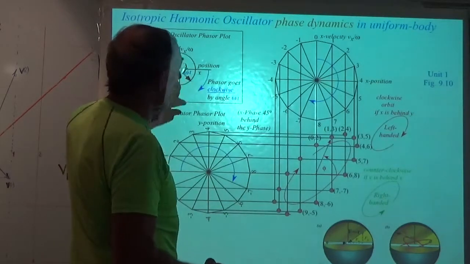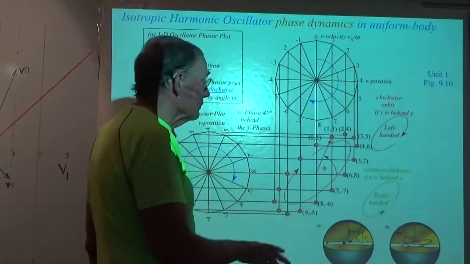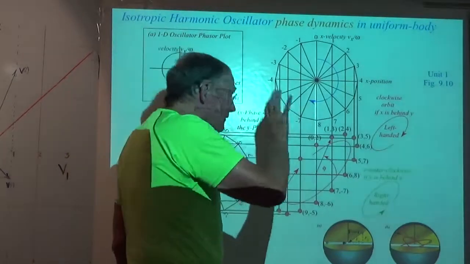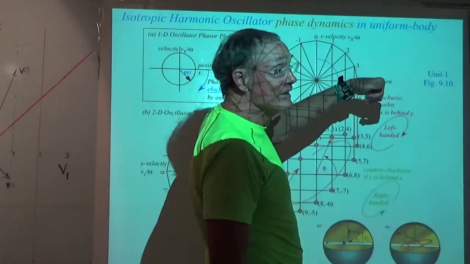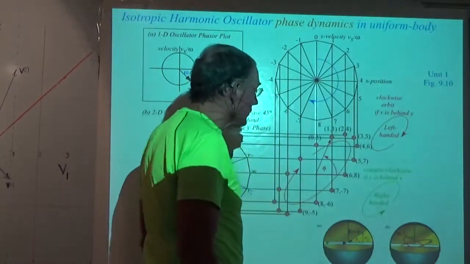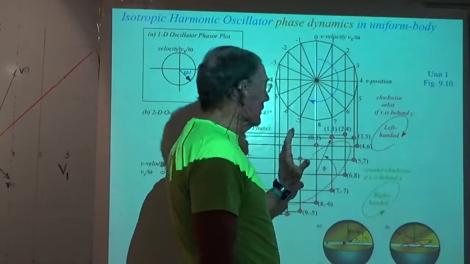So the clocks, both of these clocks, always, and everything we'll do here, have positive frequency. That is, they use the left hand. Okay? Now this particular orbit that's going this way also is left-handed.